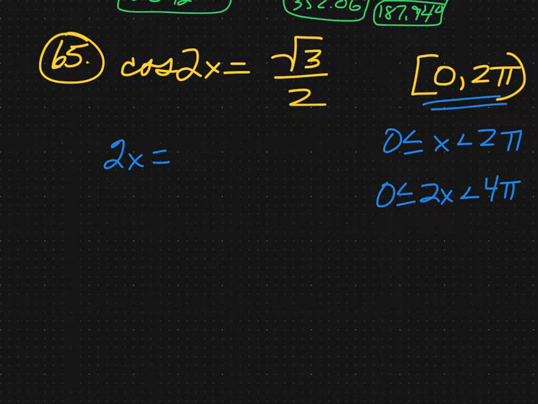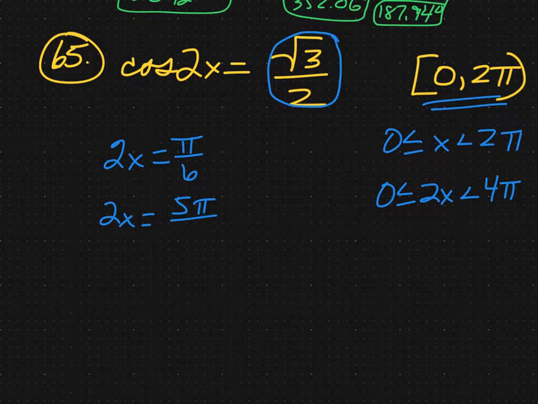So I need all the values on the interval from 0 to 4 pi that have a cosine of root 3 over 2. Now, we know pi over 6 is one of those. We know 5 pi over 6 is another. Both of those are between 0 and 2 pi.